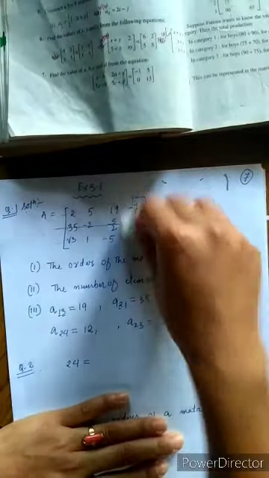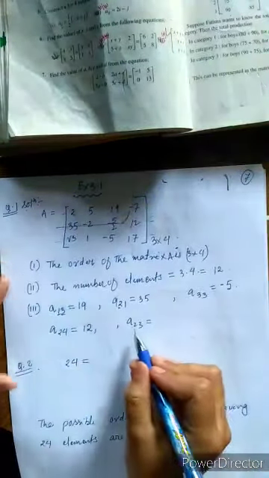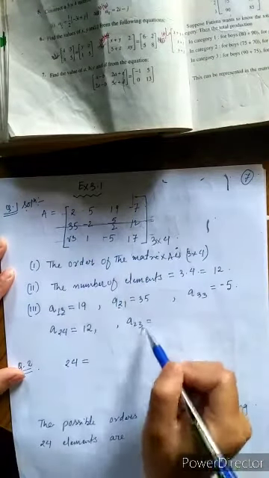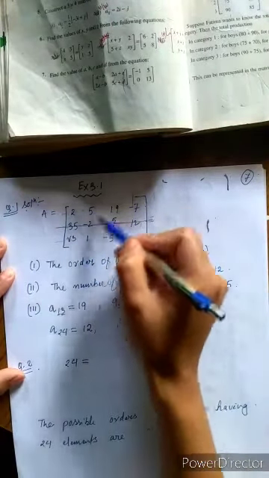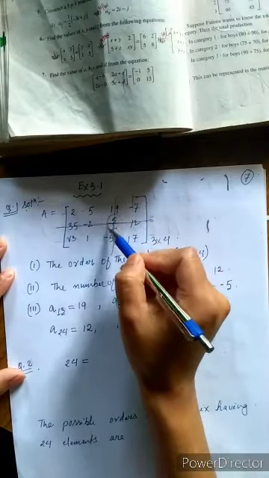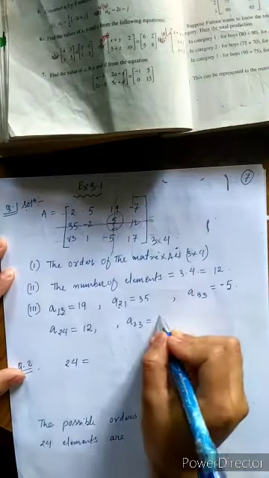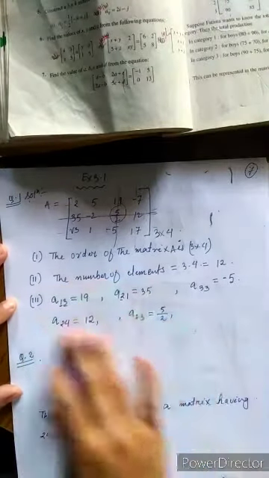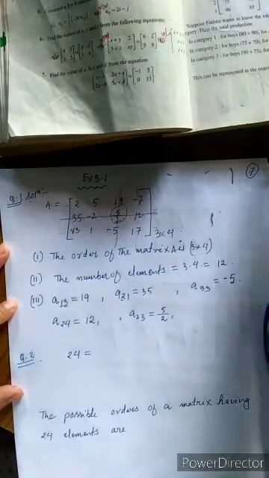Then find element A23. 2 represents the second row and this 3 represents the column. First column, second column, third column. A23 is equal to 5 by 2. These are the answers for question number 1.